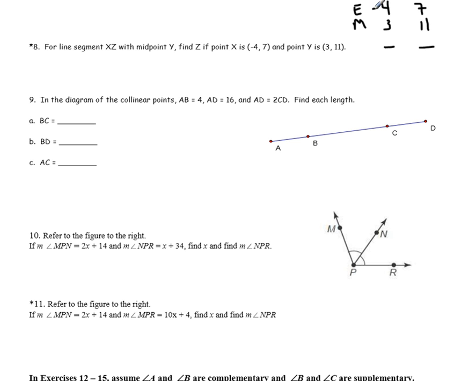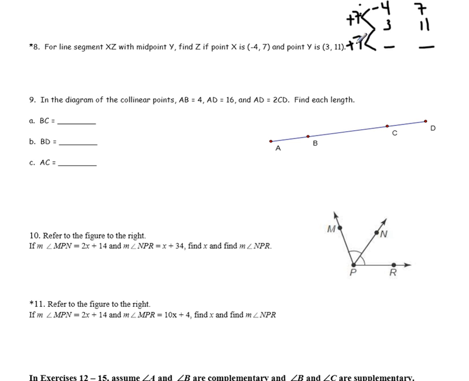So to get from negative 4 to 3, we go up how many? Go up 7. So we write plus 7. So then to get to the other side, we have to go the same distance from the middle. So we're going to go up 7 again.